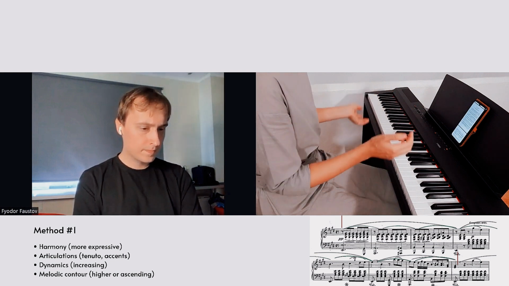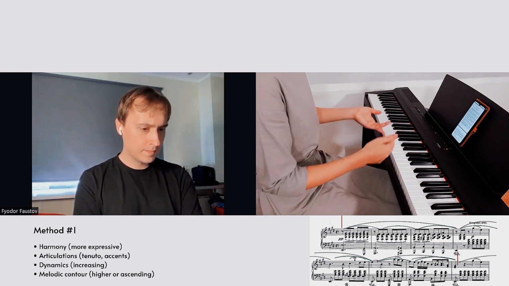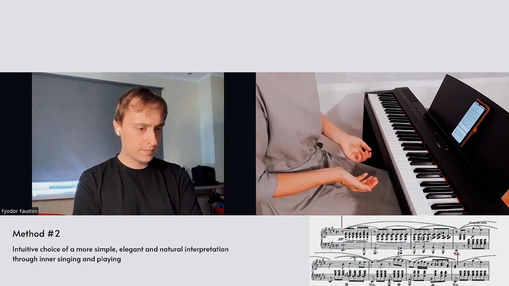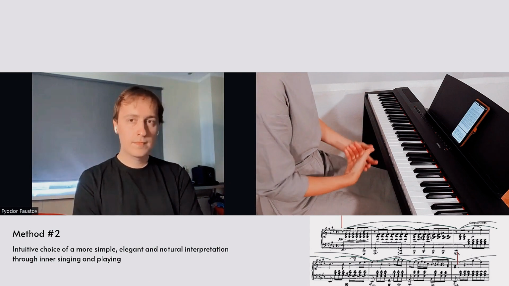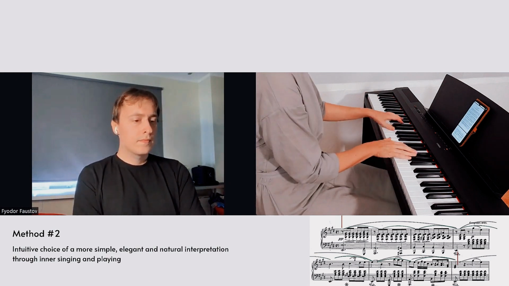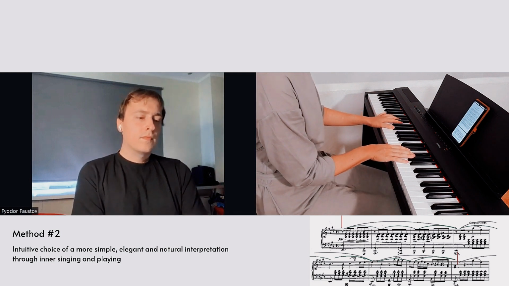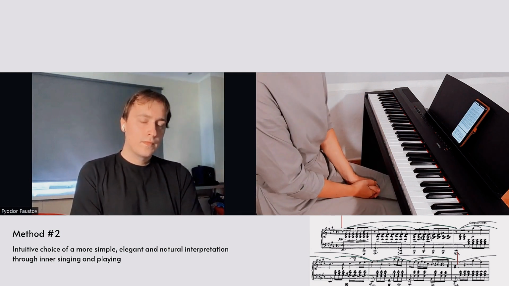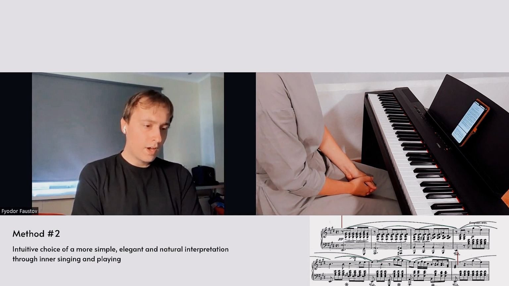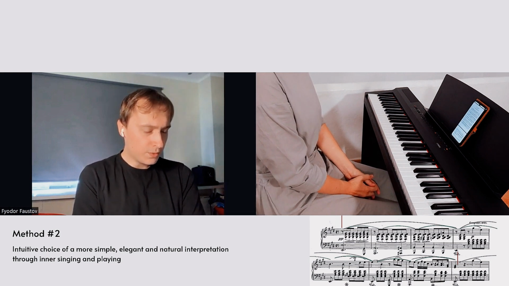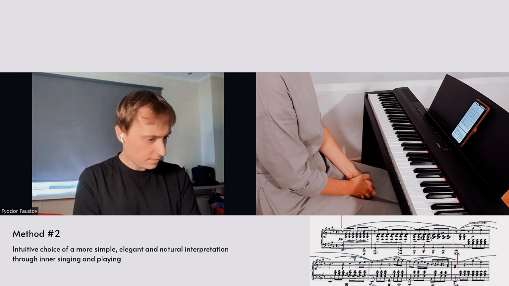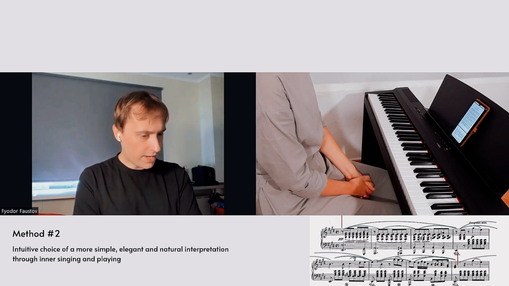So let's maybe go to the second intuitive part. I liked it already, but what would we have done if we were not sure? What would you have done? I can try to sing it and find out, does it feel natural?